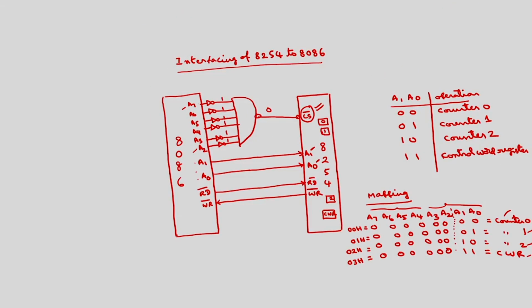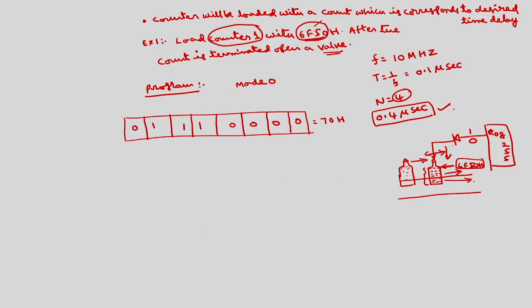And throughout this program, I will assume the same addresses: 00H is the counter 0 address, 01H is counter 1, 02H is counter 2, and the control register is 03H. Because I am using counter 1 whose address is 01H, first of all, we have to feed this 70H into the control register.